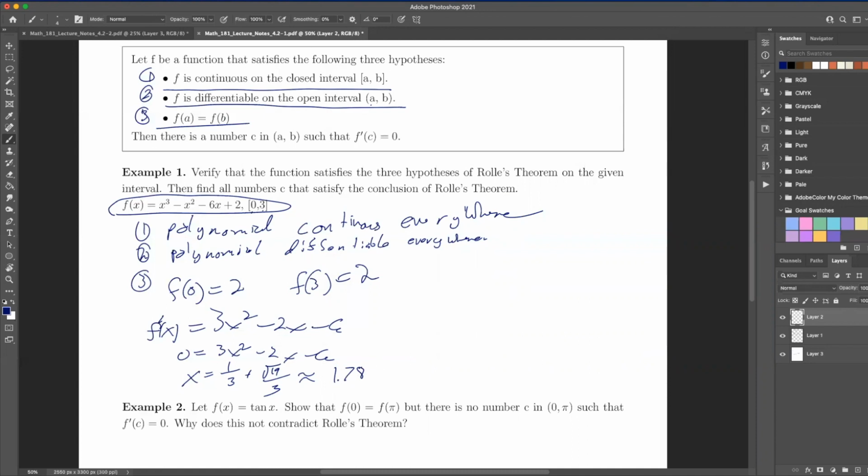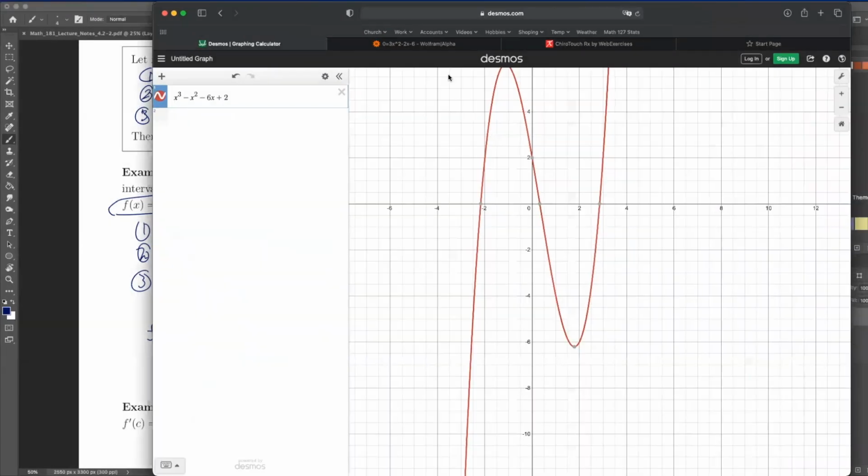And does that match what we see here in Desmos? Between 0 and 3, we have this at 1.78, which is exactly what we see in Desmos.